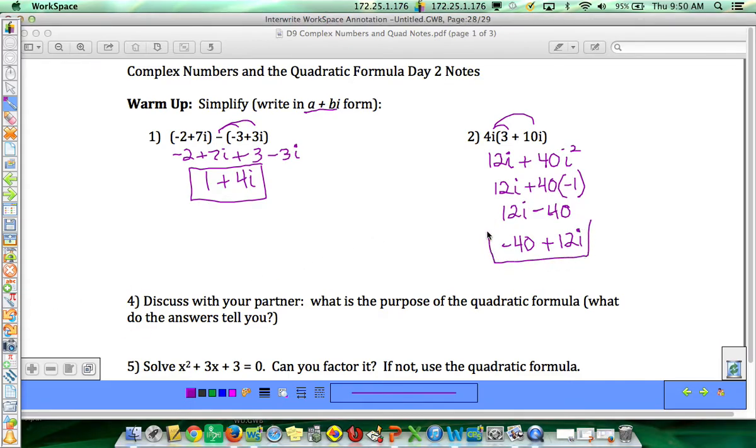Okay, the next question asks you to discuss with your partner. Obviously, you don't have a partner, but think about what is the purpose of the quadratic formula? What does it tell you? When we use the quadratic formula, it's another method that solves a quadratic equation.